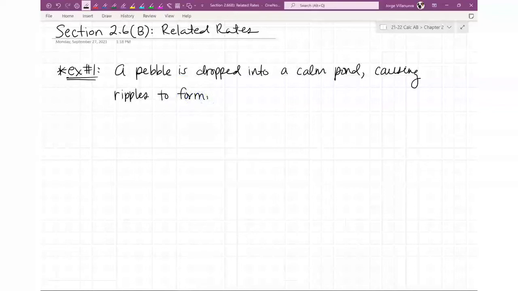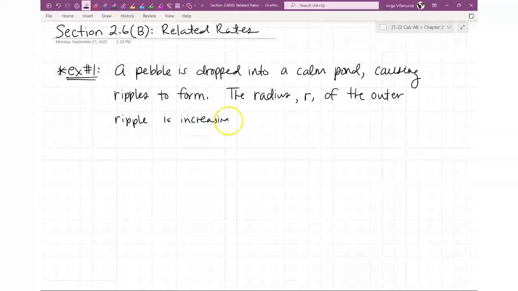Okay, I mean, as you should expect, but they're going to be circular. The radius r of the outer ripple is increasing at a constant rate of 1 foot per second.